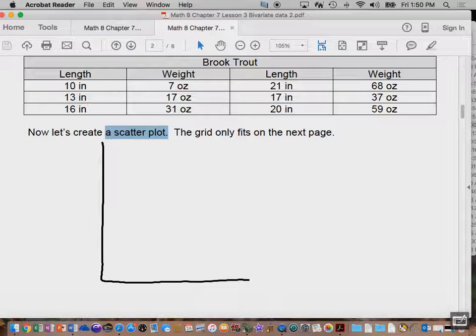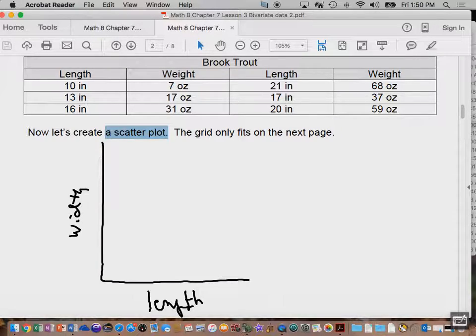Was it? Yeah, okay. So, scatter plot, listen. Hey, seriously. Scatter plot means you're just going to make points on a graph. So one of these axes is going to be length, and one of them is going to be weight. It doesn't matter which is which.